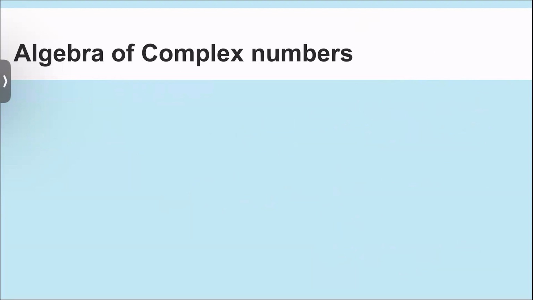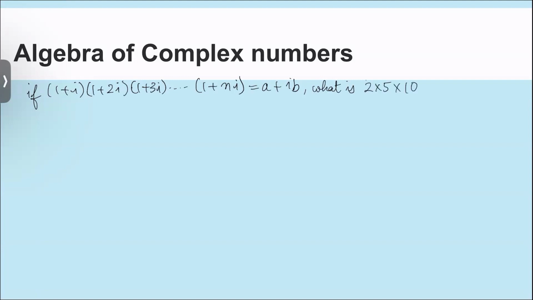Suppose you are given (1 plus i)(1 plus 2i)(1 plus 3i) up to (1 plus ni) is equal to A plus iB. Then what is the value of 2 multiplied by 5 multiplied by 10 up to (1 plus n square)?